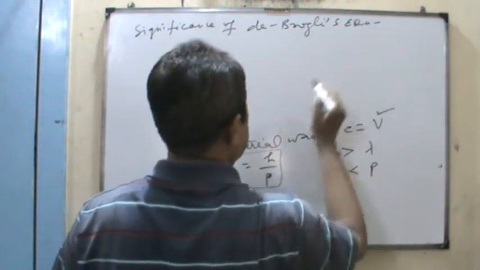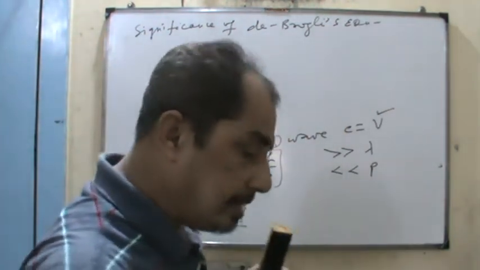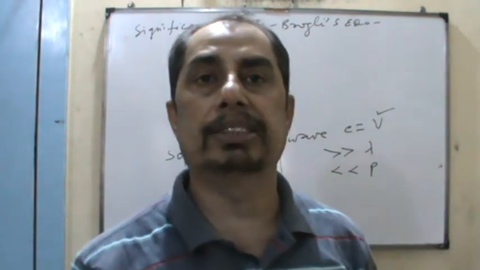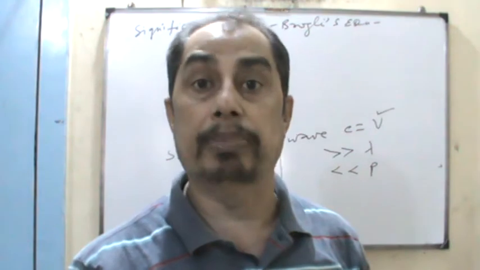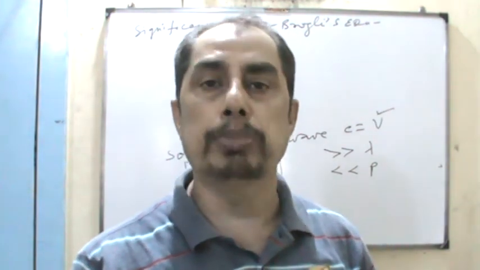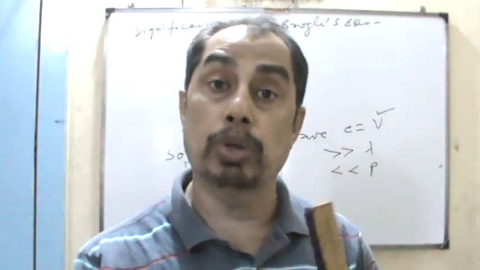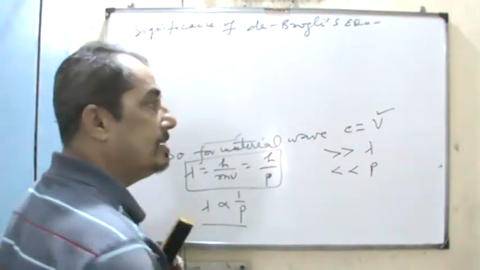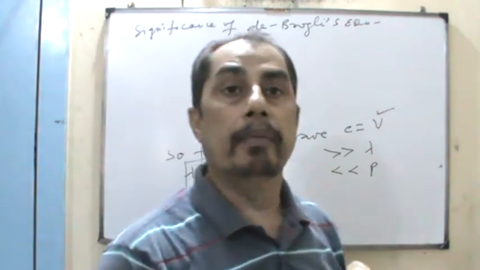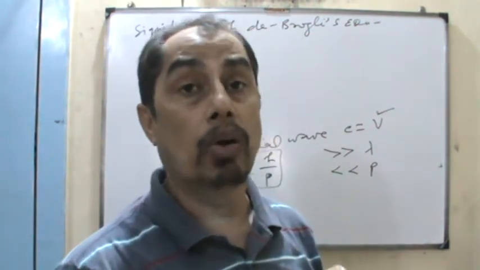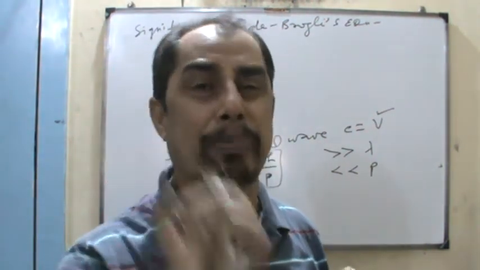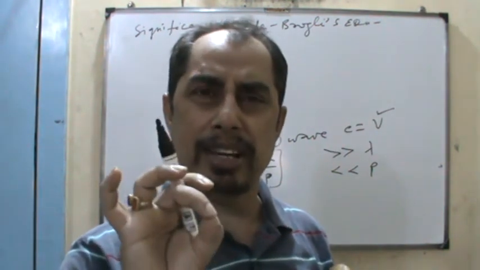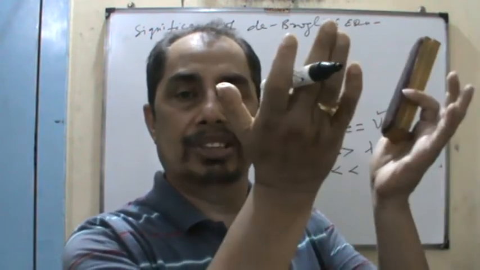de-Broglie's equation. One thing is very clear: in day-to-day life we come across various bigger objects whose mass is quite large but wavelength is very, very small, too small to observe. Therefore, this principle is insignificant in our daily life, but valid only for microscopic particles like electron, proton, neutron, because their mass is very, very small, so the wavelength is quite large.